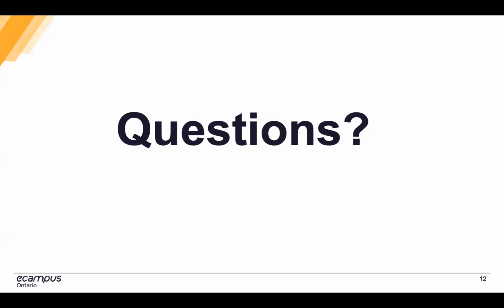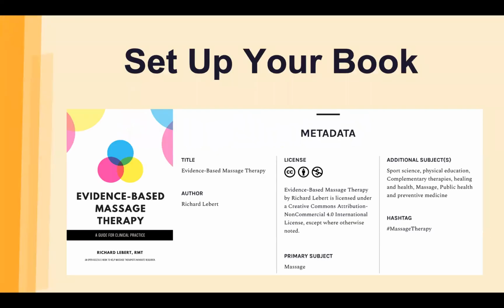Well, while they type the clarification, we'll move on to setting up your book and getting into the weeds a little bit on how to create resources and books within Pressbooks itself. The first thing you're going to do when you start creating a book in Pressbooks is what we call set up your book, setting up any information about your book.